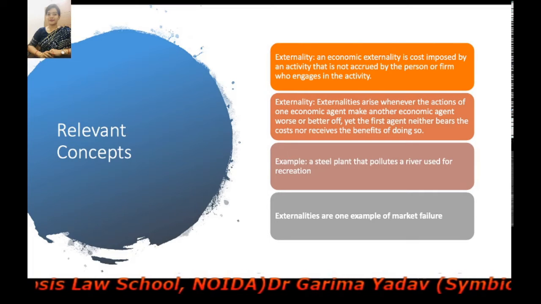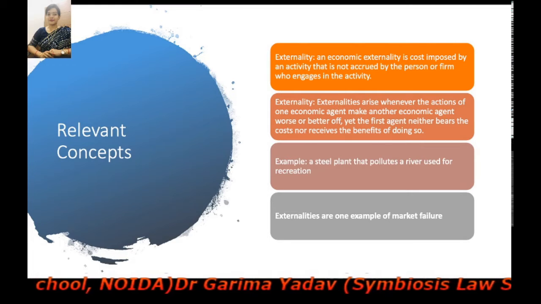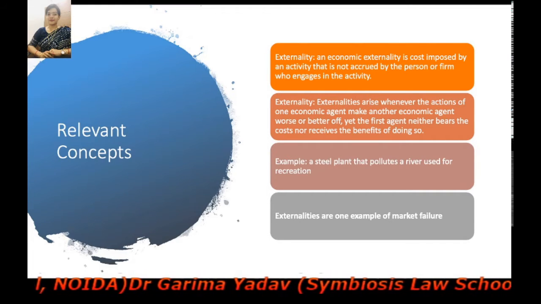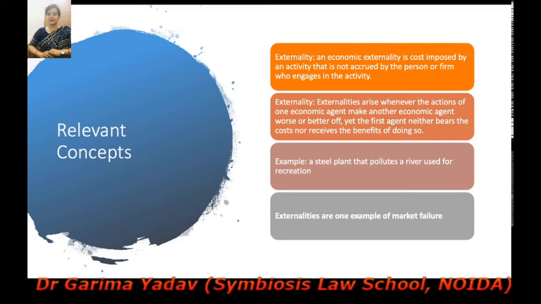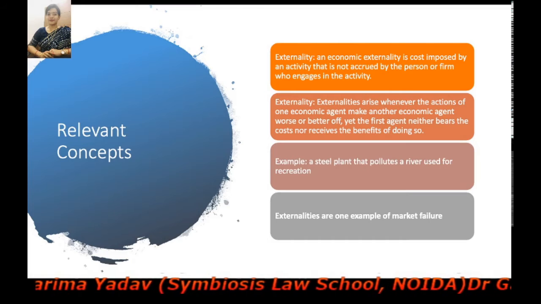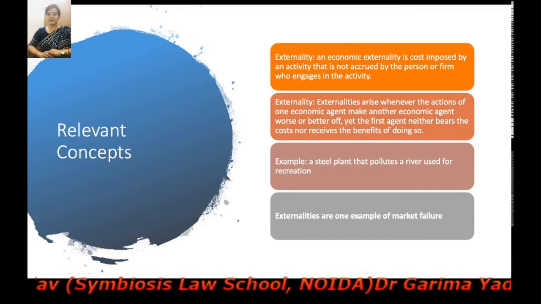These externalities arise whenever the actions of one economic agent make another economic agent worse or better off, yet the first agent neither bears the cost nor receives the benefits of doing so. For example, a steel plant that pollutes a river used for recreation.